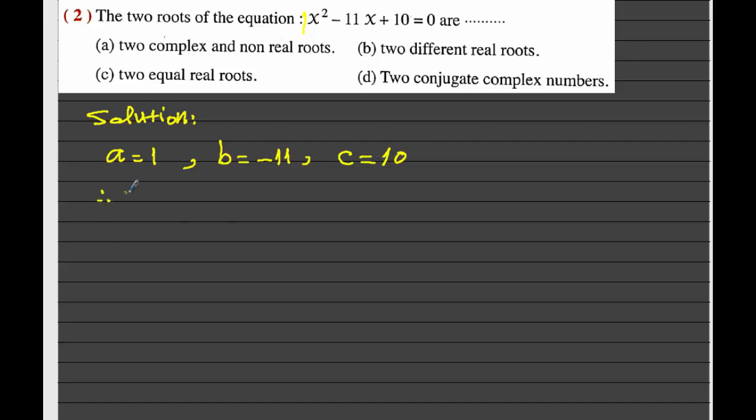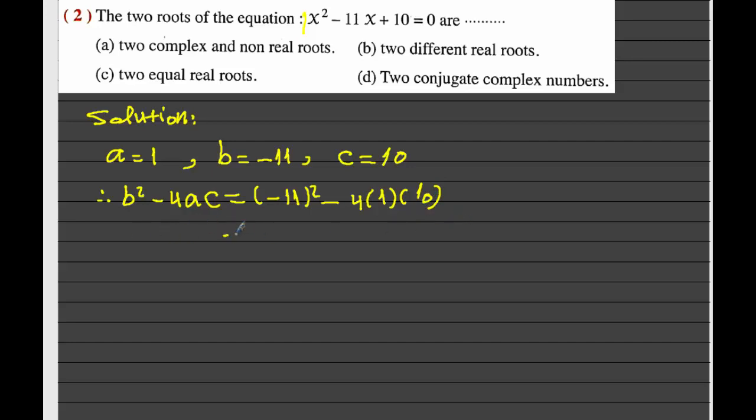So b squared minus 4ac equals negative 11 power 2 minus 4 multiply 1 multiply c, which equals 10 here.